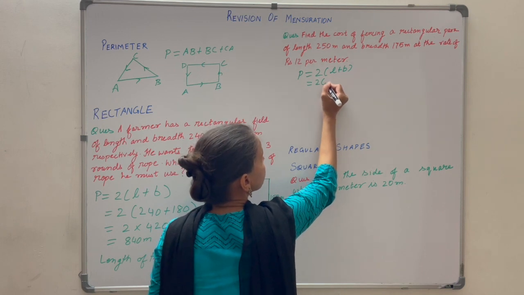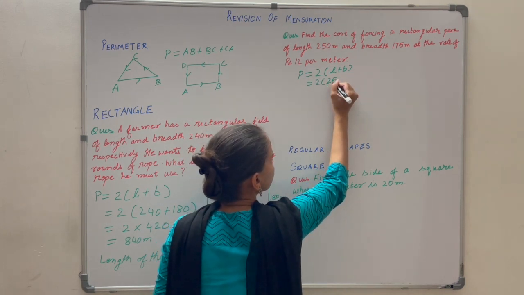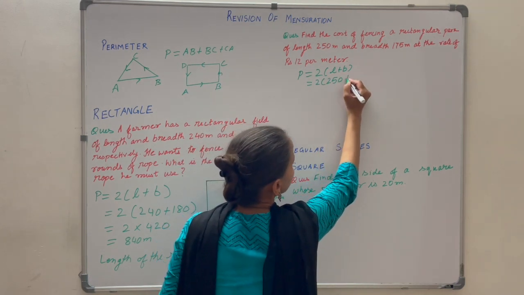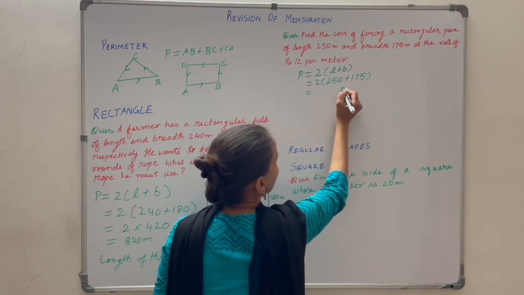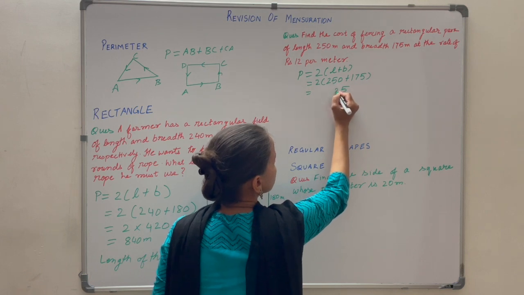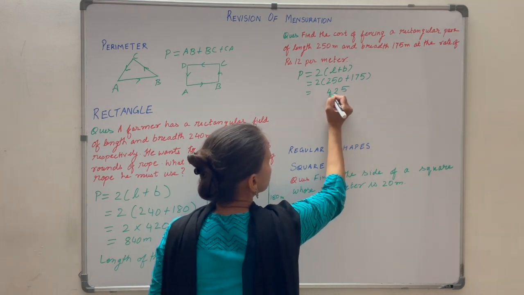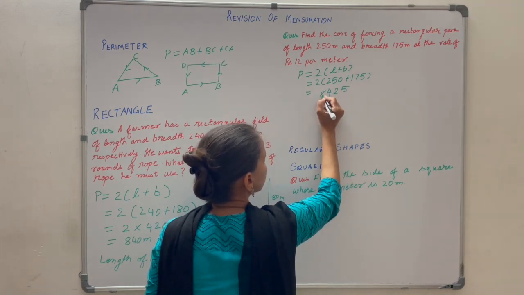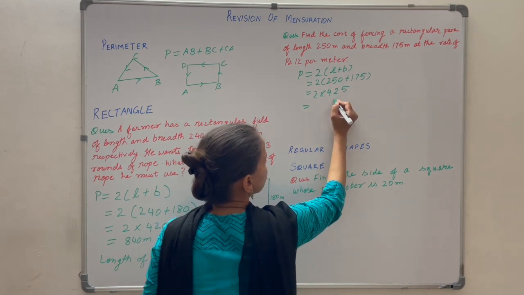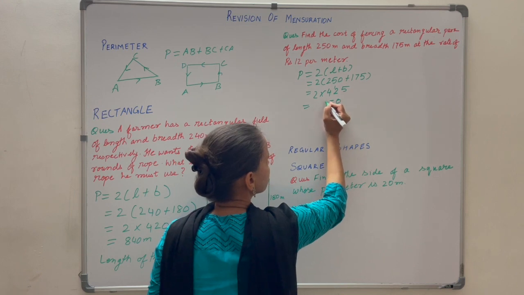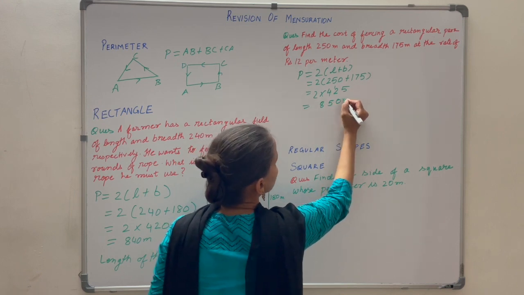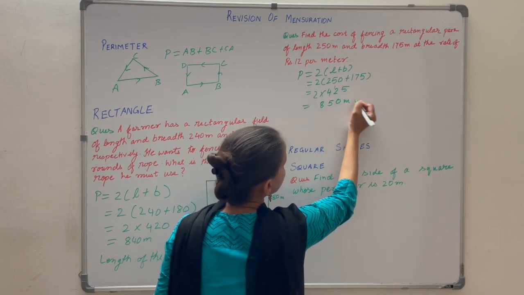And the length they have given you as 250 and the breadth they have given you as 175. So 250 plus 175 is 425, and 425 into 2 is 850. So the perimeter is 850.